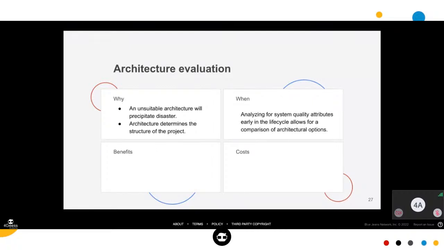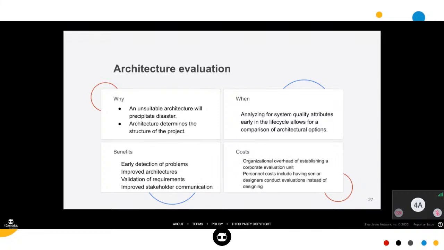We need to analyze the quality attributes to compare the architecture. What is the benefit? Obviously, with a software architecture evaluation, we are going to have enough information to understand the health and the maturity model of this architecture, which problems we can have using this architecture, and to communicate with the stakeholders some situation of this architecture evaluation.